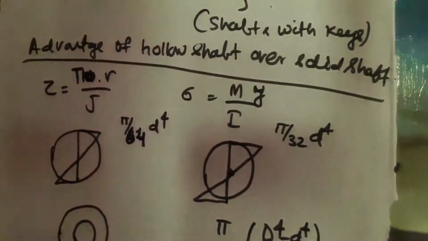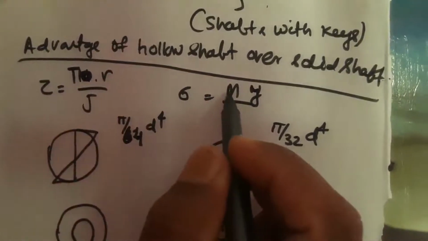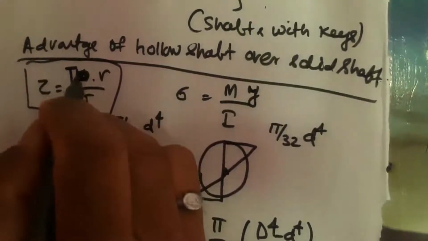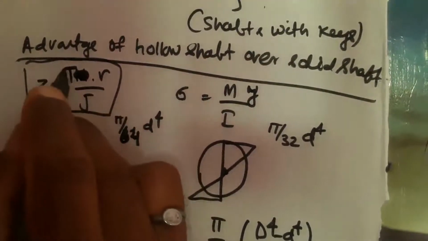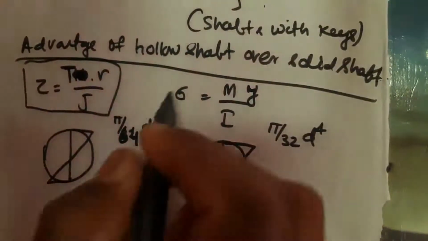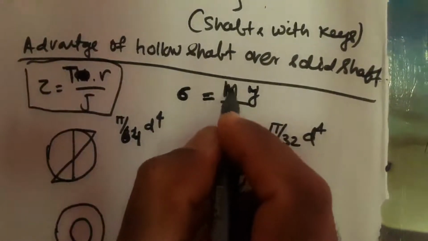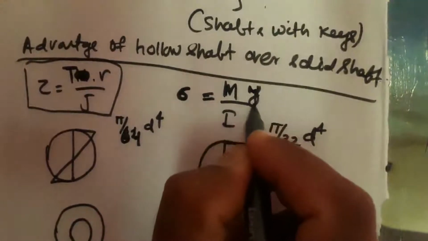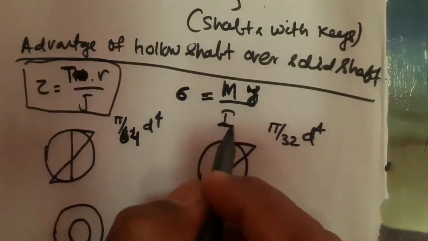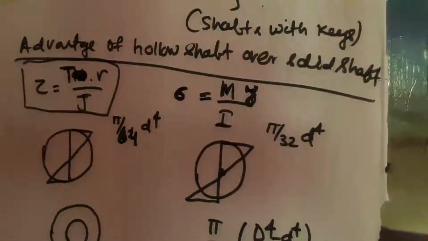Now we know if a circular shaft is subjected to a torsional moment T and a bending moment M, then the shear stress induced because of the torsional moment T is given by this equation: tau is equal to T by J into R. Similarly, the normal stress, or the bending stress, induced because of the bending moment M on the shaft is equal to M by I into y, where I is the moment of inertia about the neutral axis, and J is the polar moment of inertia of the shaft material.